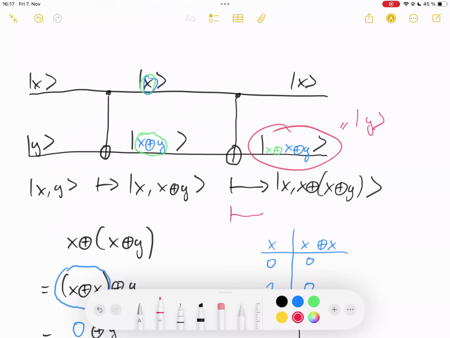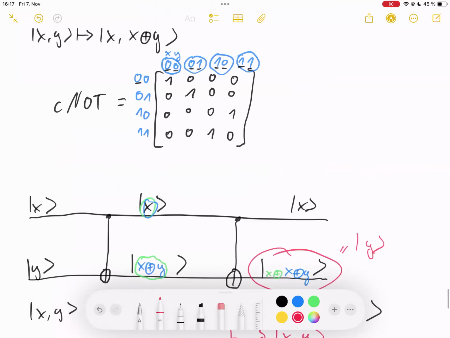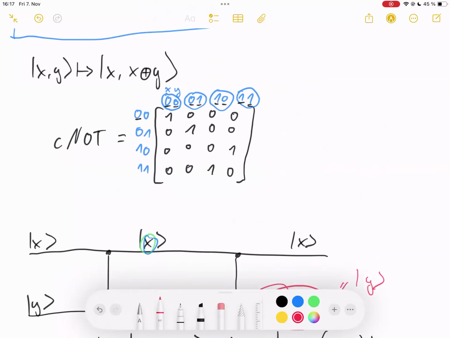That means also here extended, this just gets mapped to x, y. And this is also a consequence, or you can see this from a different perspective, where this C naught matrix is unitary.